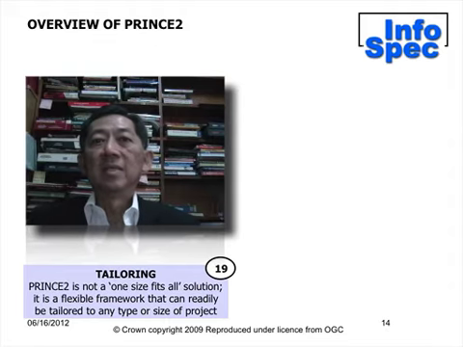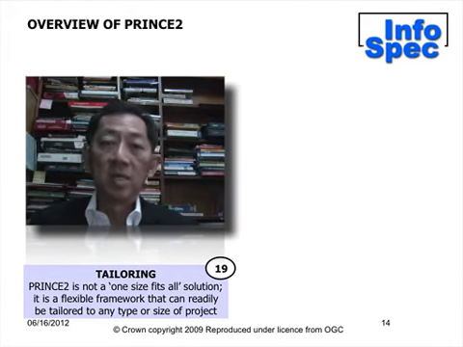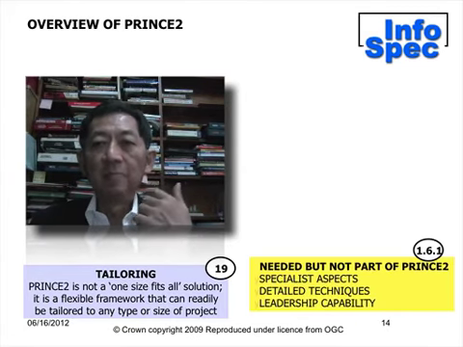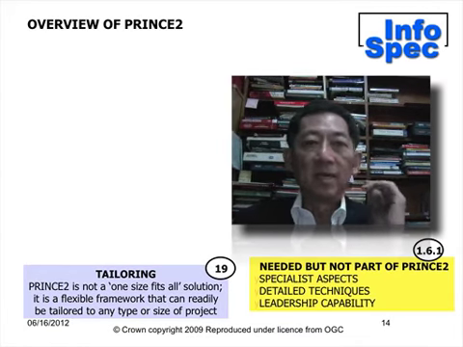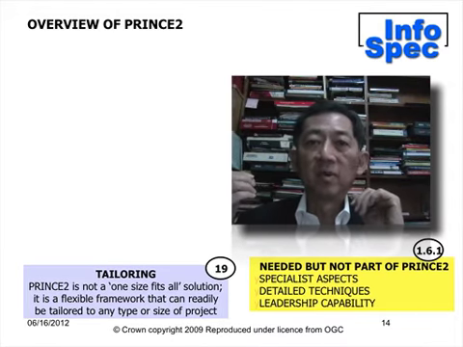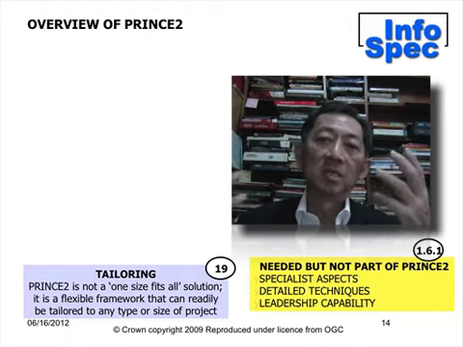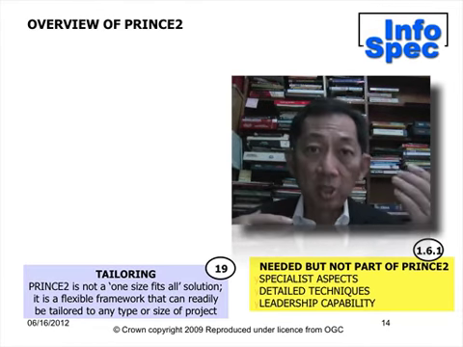exactly what to record, how you deal with people. And of course, there are other things like specialist skills. If you are running a project for software development, you need software development skills. You probably also need a software development methodology.